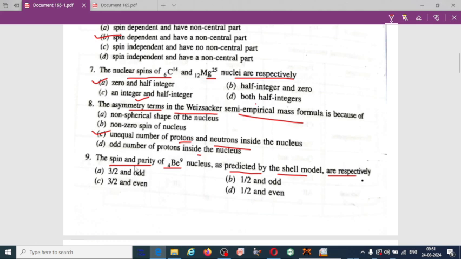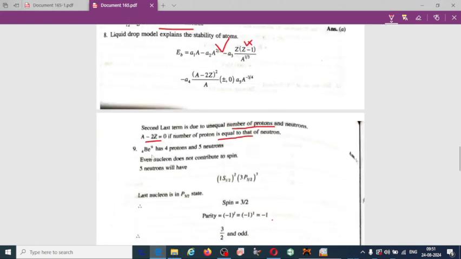Question 9, here we should predict according to the shell model. Beryllium has 4 protons and 5 neutrons. An even number of nucleons doesn't contribute to spin, so the 4 protons are not going to contribute.